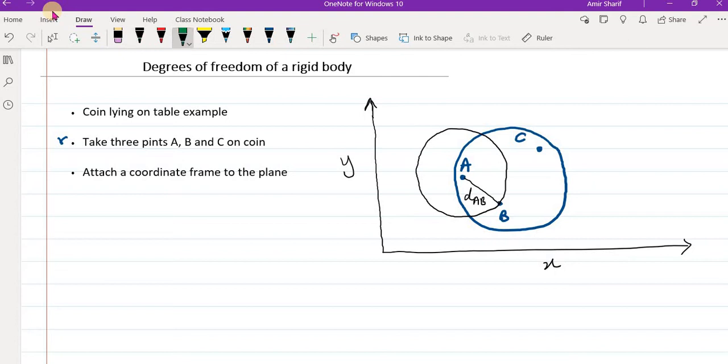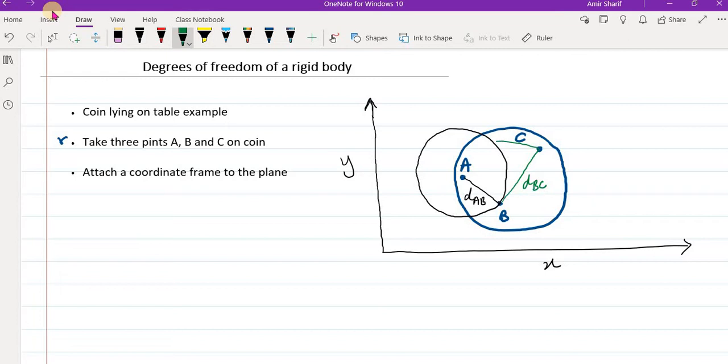Now we have to measure the distance between point B and C, and we can say that this distance is dBC, a straight line. And again, for this also, taking B as the center point of the circle and dBC as the radius, we can again draw a circle having this center point B. So how can we do that?